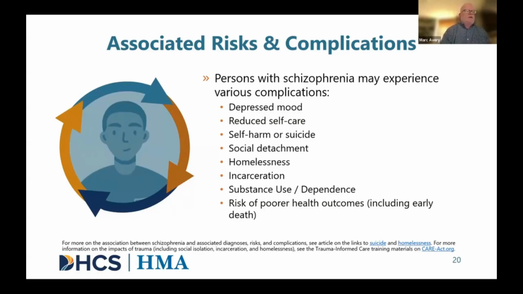As Darren participates in the care process, it's helpful to understand the full context of Darren's diagnosis and additional complications. Understanding these complications can help all members of the care team, including courts and counsel, to identify and eliminate our biases that may be triggered by these associated diagnoses, risks, and complications.